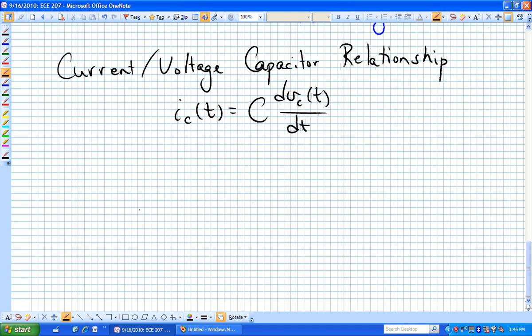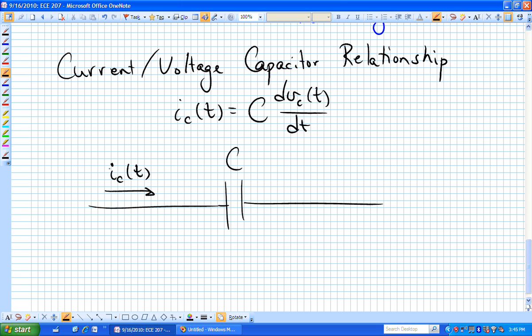Pictorially, we now have this capacitor C in our circuit. That current-voltage relationship means that we would have a positive current flowing from left to right. And again, it's a displacement current.